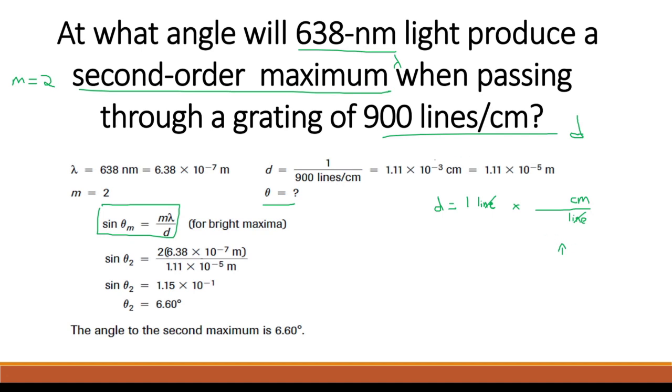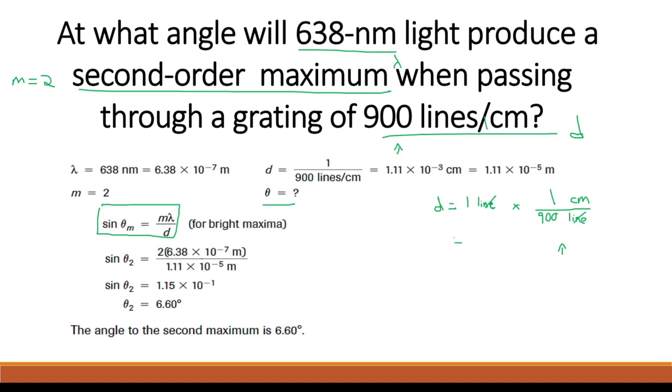We're told in the question that the specification is 900 lines per centimeter, so we keep 900 lines per 1 centimeter. Since there are 900 lines per 1 centimeter, this ratio is equal to 1.